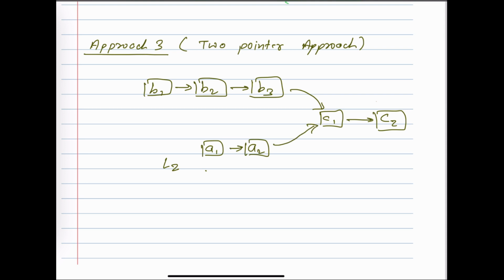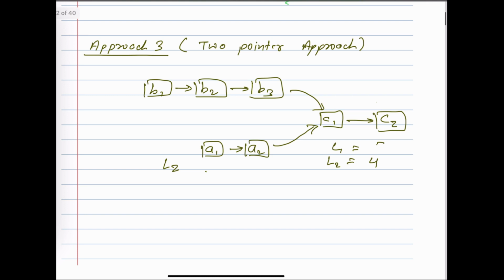So if you see, this linked list 2 length is equal to 4, whereas the linked list 1 length is equal to 5, right? So what we're going to do in this two-pointer approach? We will initialize two pointers, pointer 1 and pointer 2, okay?